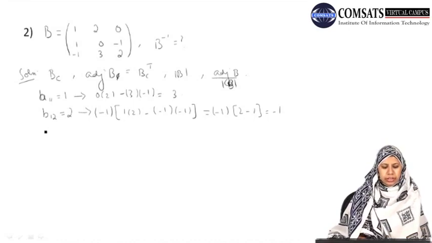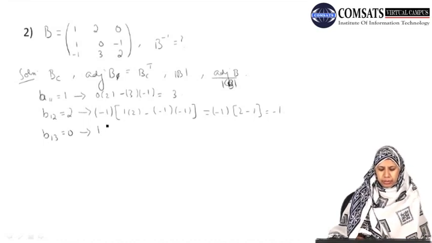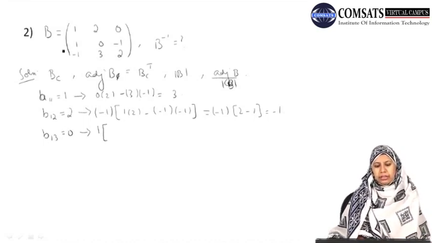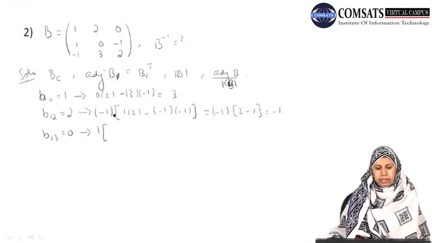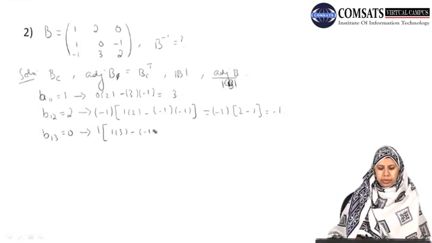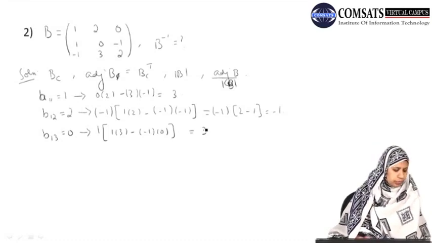Okay. Now the entry B13, which is 0, the number associated with this entry is 1, okay, and the determinant of the submatrix, that is the minor, will be 1 into 3 minus 1 into 0, and we obtain 3.